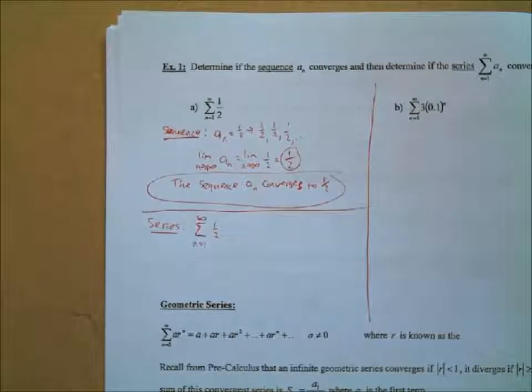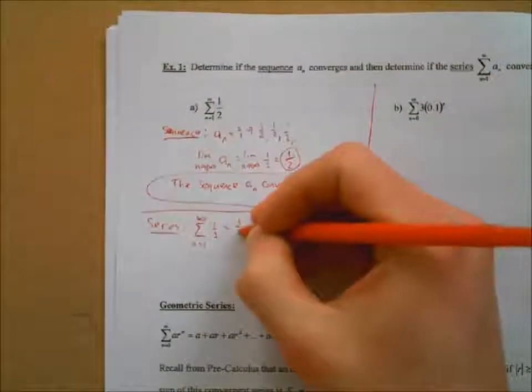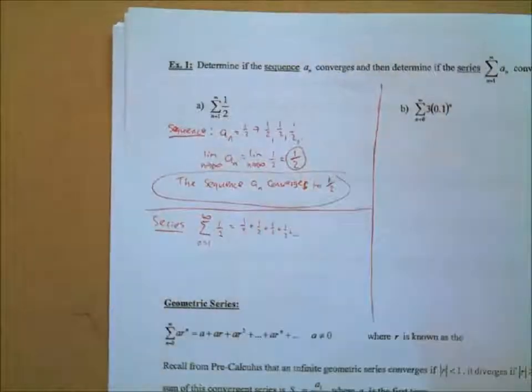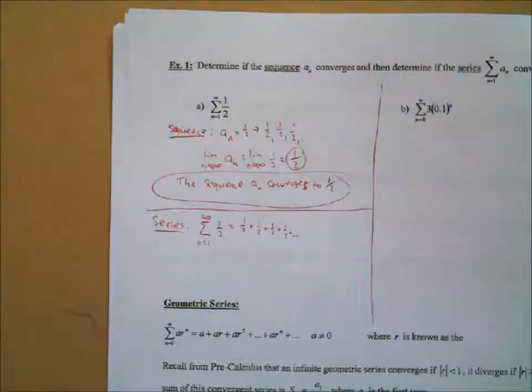So that's 1/2 plus 1/2 plus 1/2 plus 1/2 plus dot, dot, dot. Just take a look at that series and think in your mind whether you think it's going to converge or diverge. I'm not going to say anything just yet. Think about what we're adding up, and whether that series is going to converge or diverge.